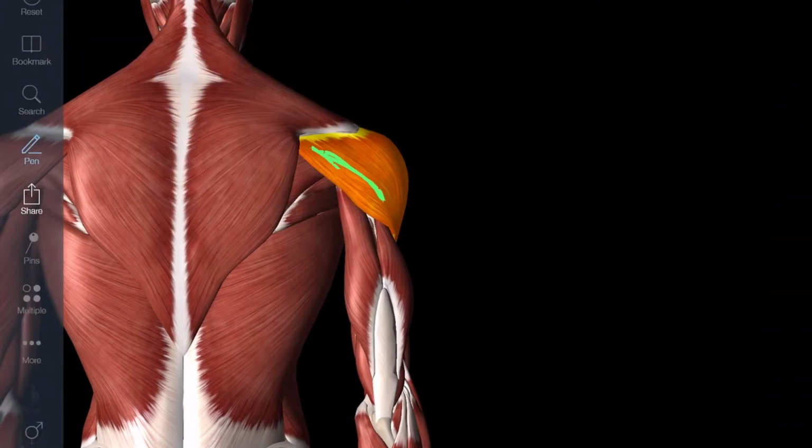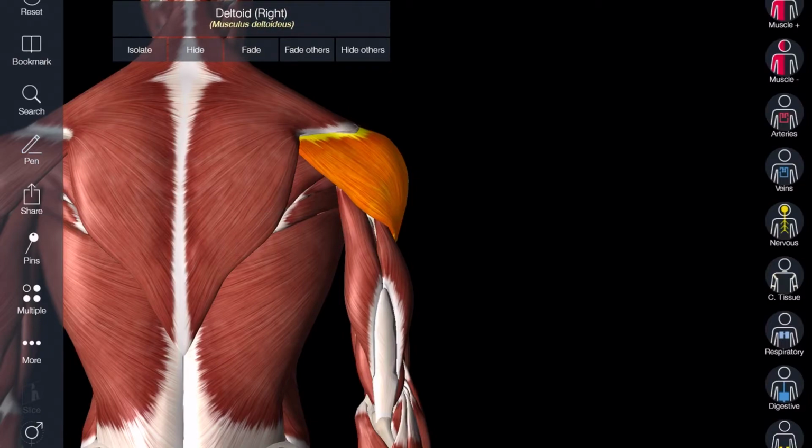So what that means is the way it sort of cups around the shoulder joint, the deltoid can move the shoulder in a lot of different directions.